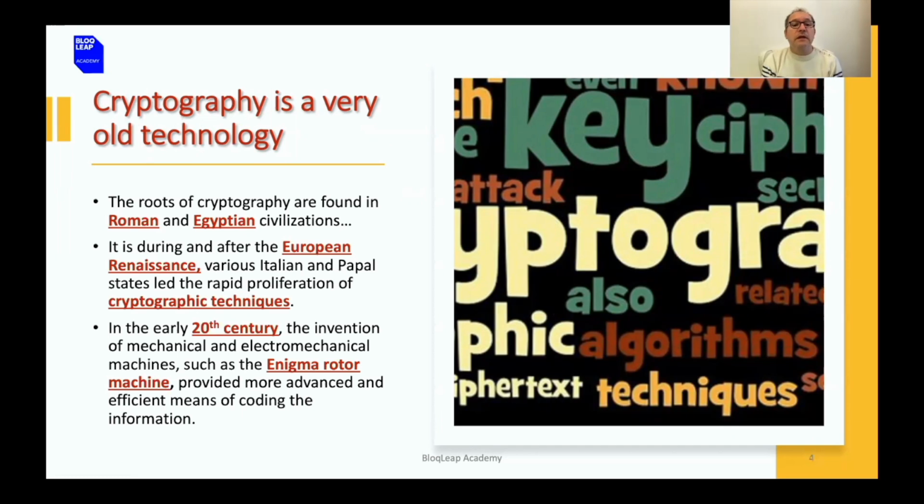Very quickly, cryptography is very old. Today it is like a science, mathematics, very, very difficult, important, clever people doing that. But actually, when you are a kid, you might have used cryptography.